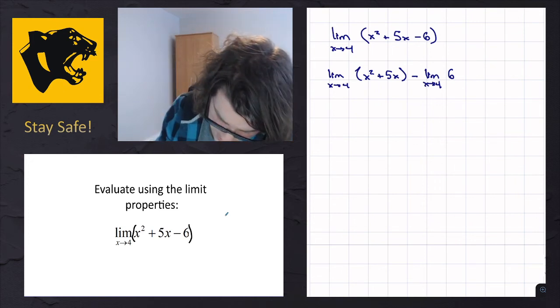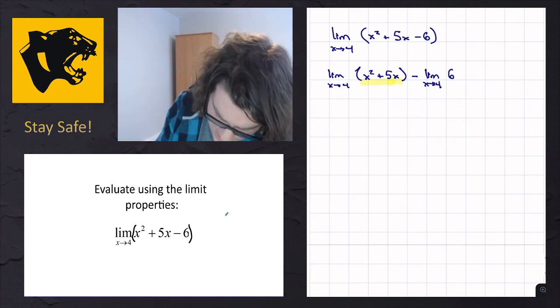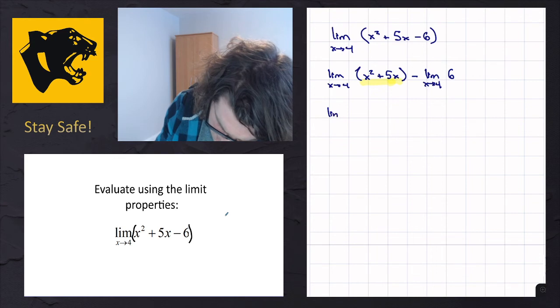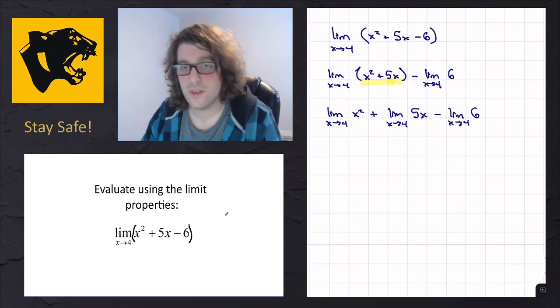We can also take this particular piece right here and do a sum. So I can take that one step further and say that this is the limit as x approaches 4 of x squared plus the limit as x approaches 4 of 5x minus the limit as x approaches 4 of 6.